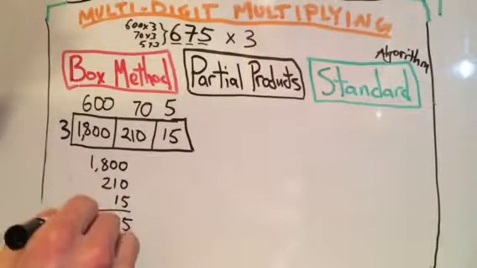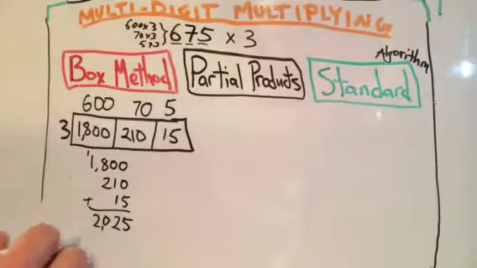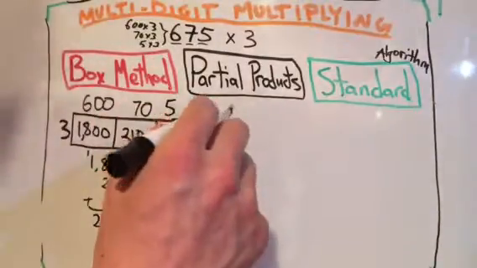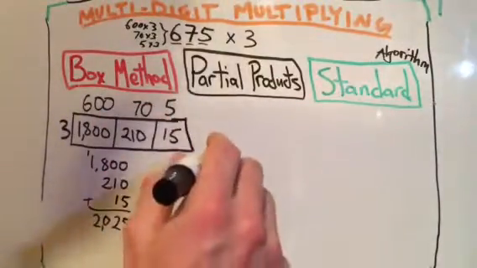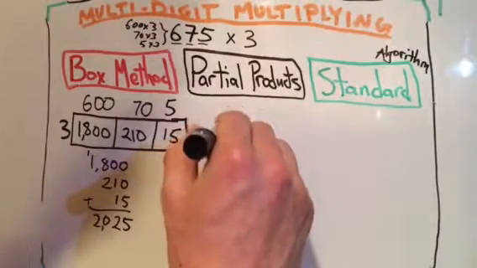Carry when you need to. And this is our final answer. The box method actually has a lot to do with the partial products method that I'm going to teach you right now.